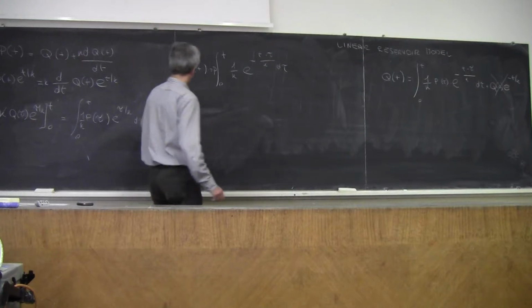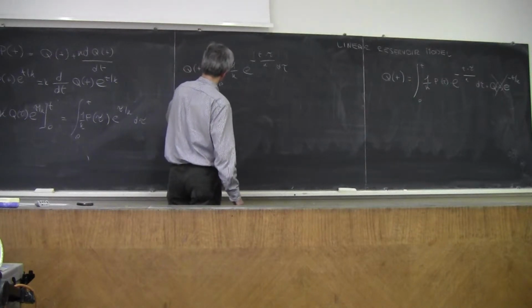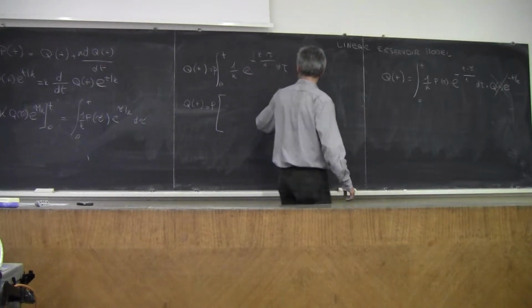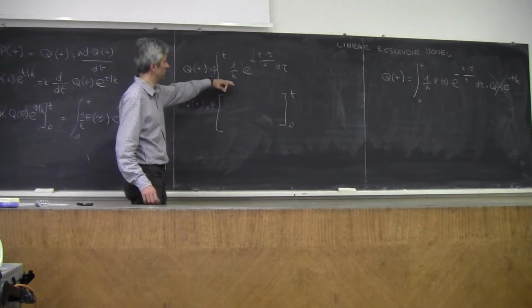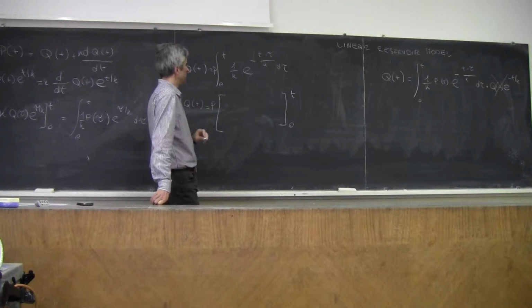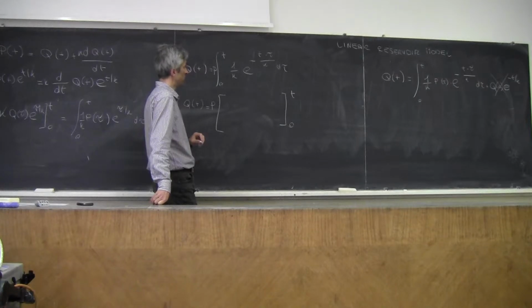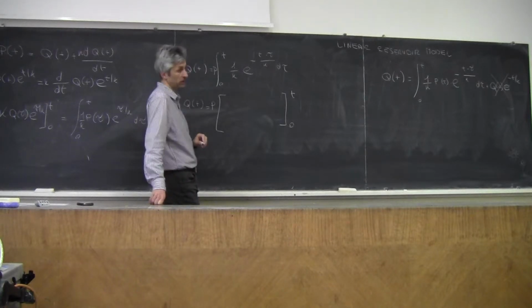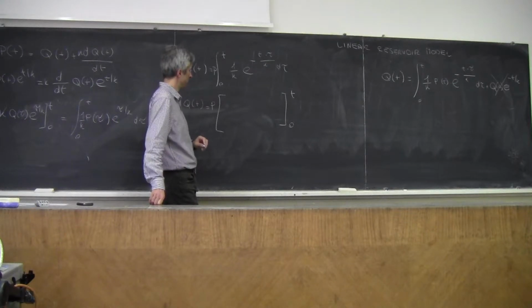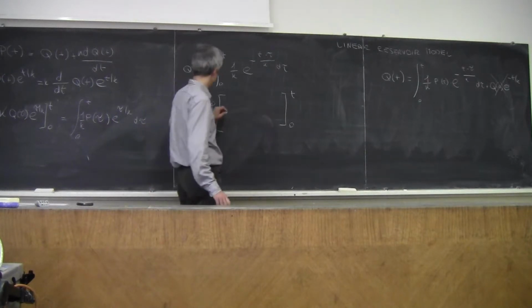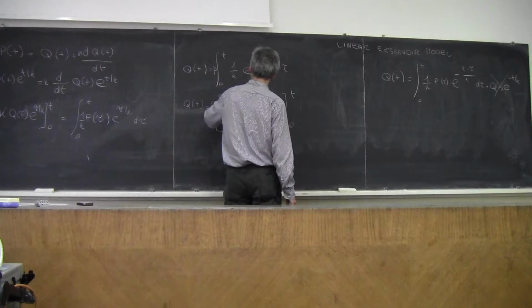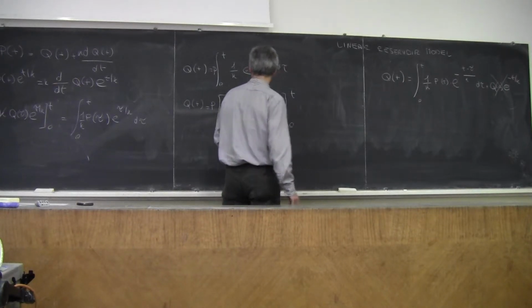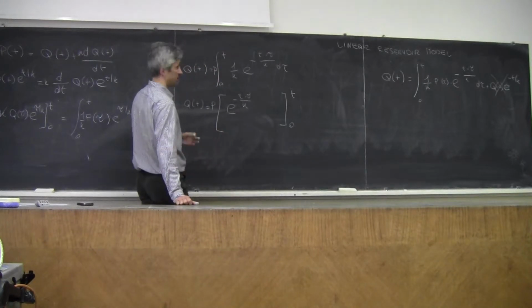Okay, so we can write Q(t) is equal to rainfall times the integral of 1 over k e to the power of minus (t minus tau) over k d tau. And I would say that this is equal to e to the power of minus (t minus tau) over k. And that's it.